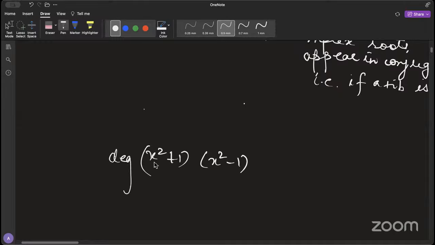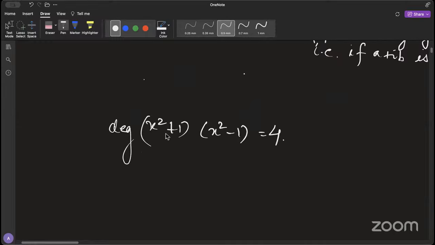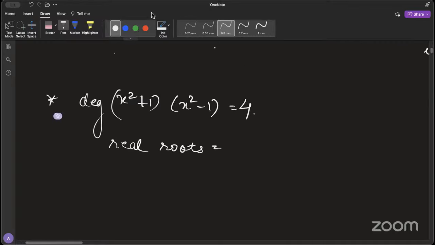Then its degree is 4. What are the roots of this? What are the real roots of this one? How do you find roots?